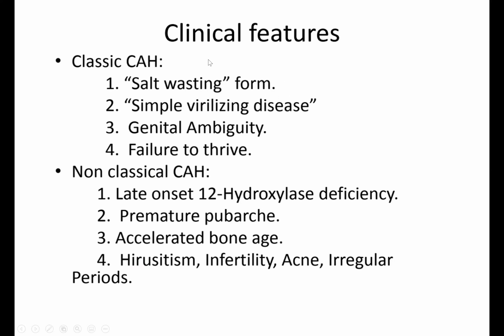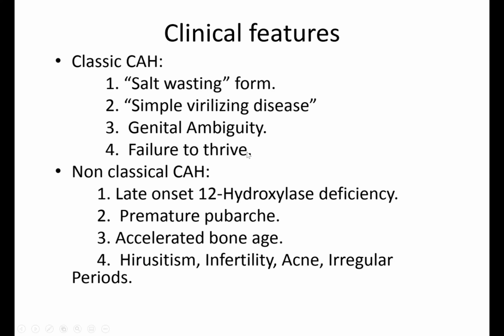The simple virilizing form can present with just mild clitoromegaly or also some amount of posterior labial fusion. Whereas the salt wasting form, usually due to the increased androgen levels, manifests with a more severe form of genital ambiguity, and the degree of ambiguity is more in such cases.